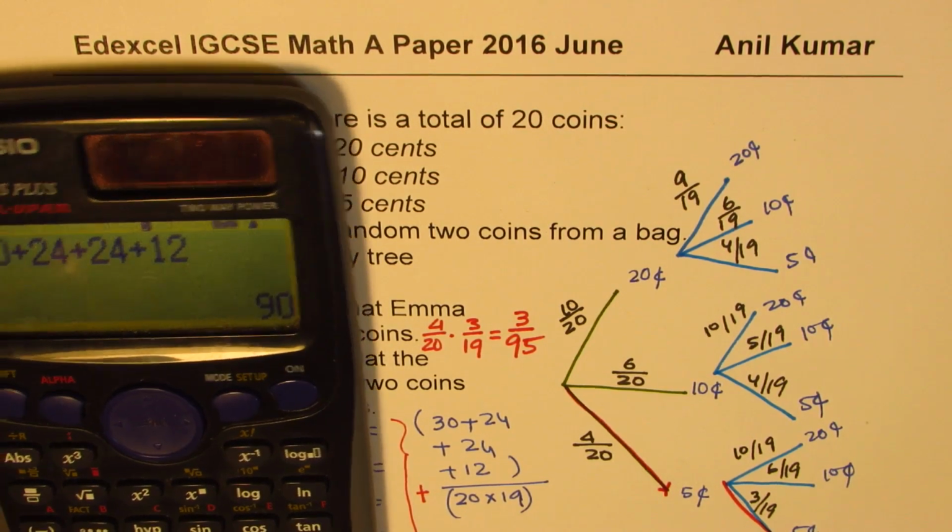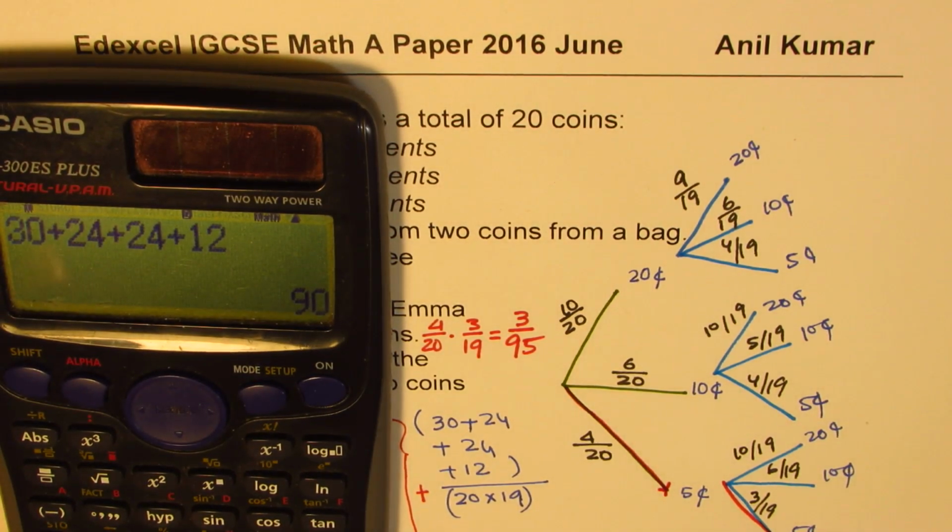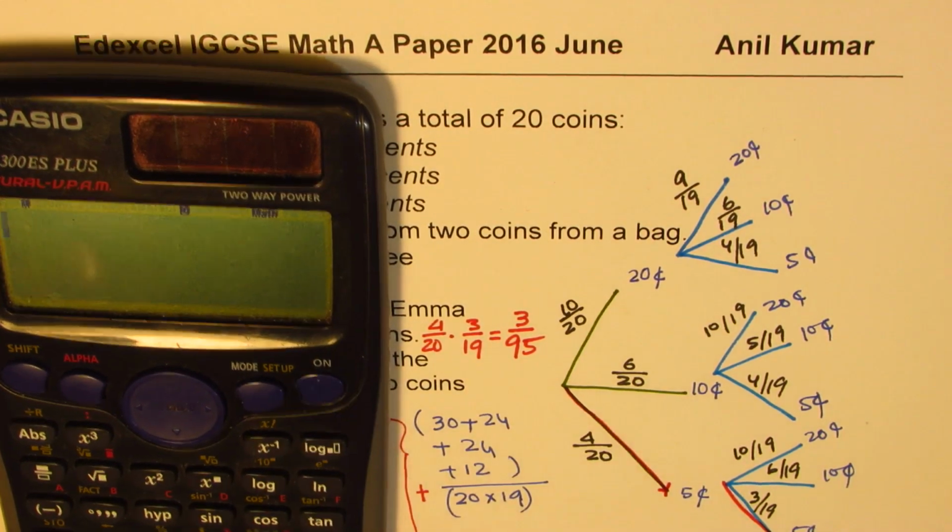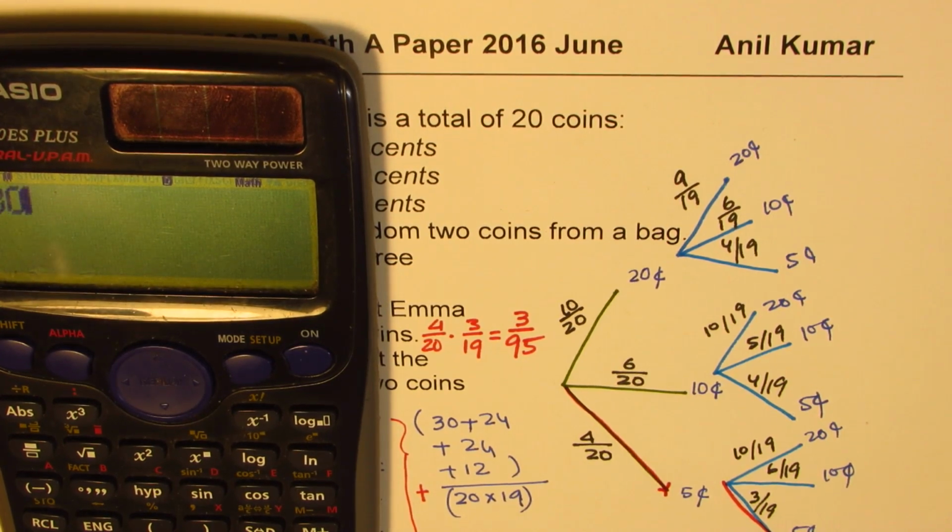This is the numerator. We'll divide this by, within brackets, 20 times 19.